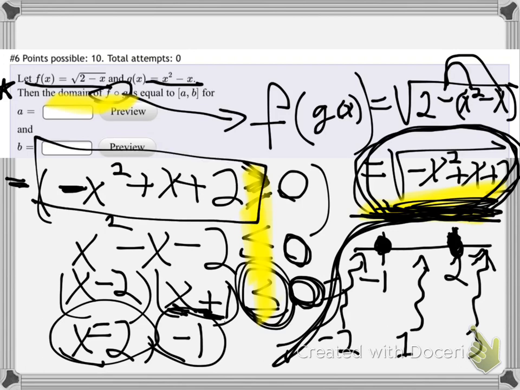We'll try all these numbers, and that'll tell us what parts of this number line are good to keep us greater than or equal to 0, as we're shooting for. Is it the part on the left, the part on the right, or the part in the middle? So let's see if we try plugging junk in. I'm going to have to section this off here. Let's check this out.